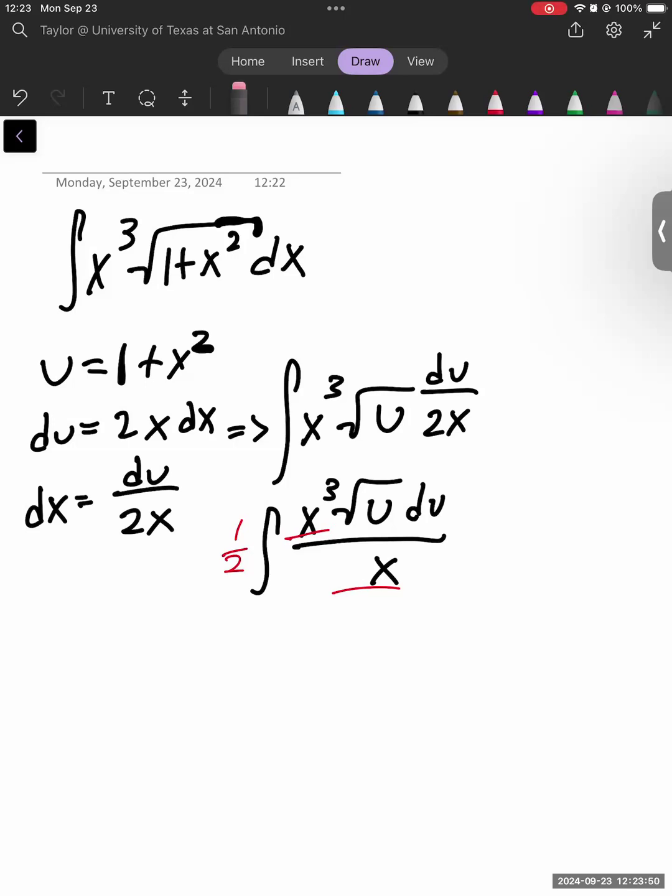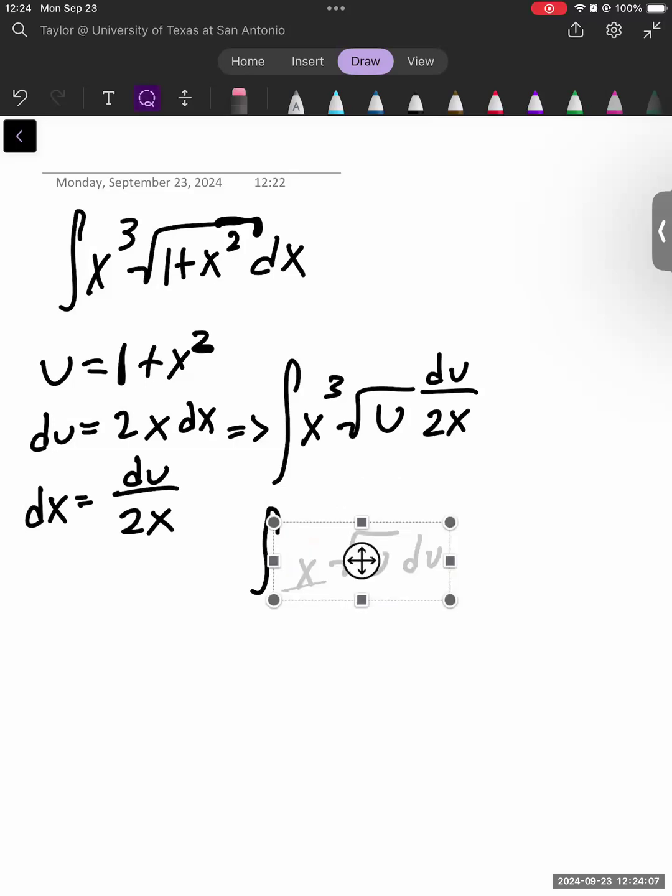What's next? What else can we do? Can we just cancel one of the x? Nice. Cancel, cancel. Leaving this as 2. So I'm going to clean this up. This is x squared. Okay, so how do we deal with this term now?